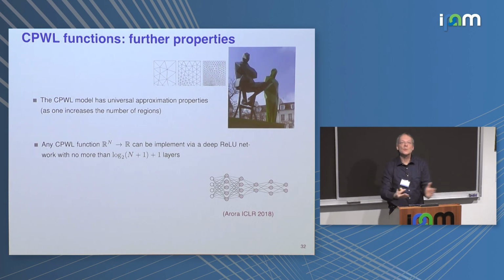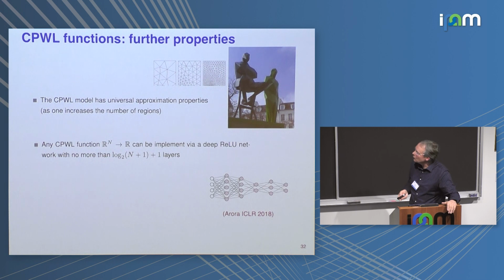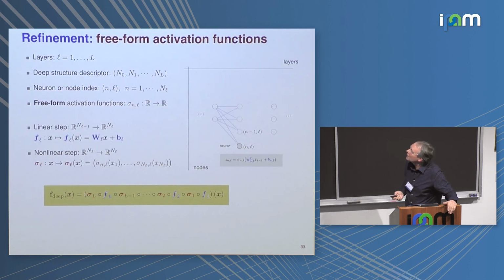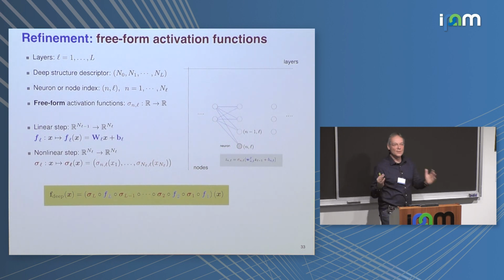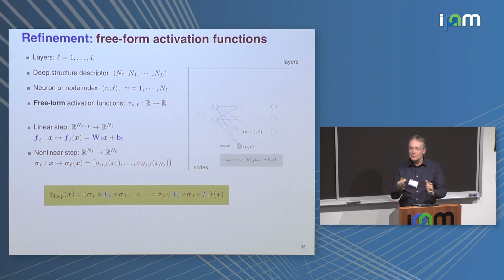And since continuous piecewise linear functions can approximate anything, you just have to put enough facets, so they have really universal approximation properties. So I told you that a neural network is a spline, so now you can call them deep splines because it's continuous piecewise linear, but let's go a little further.